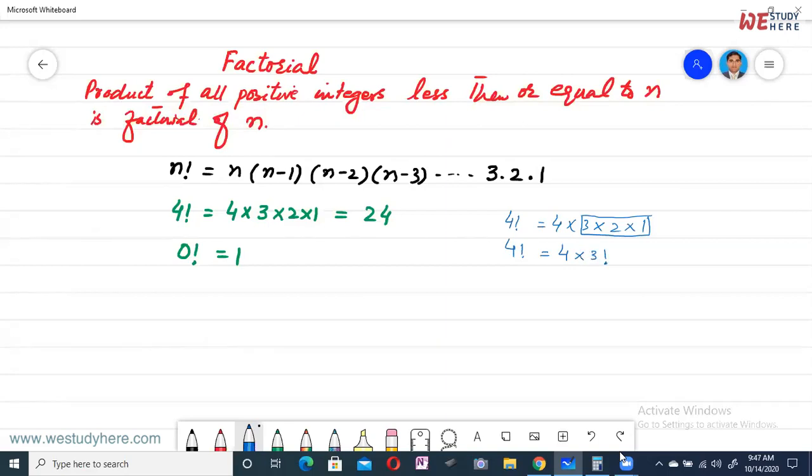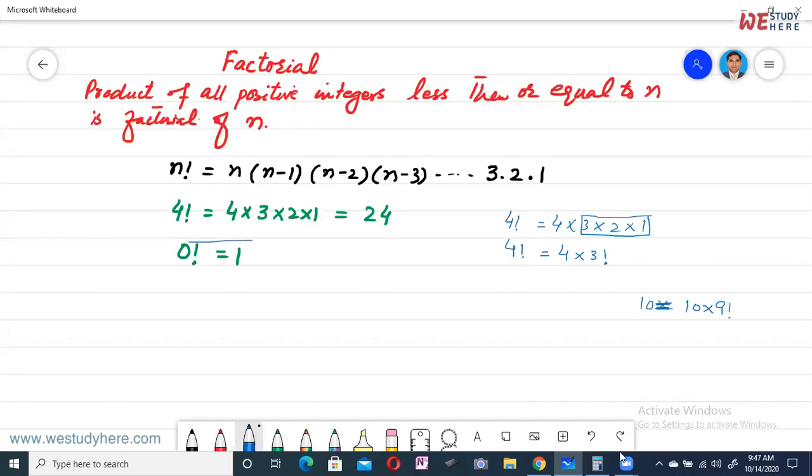If we stop at 3, we place 3 factorial. Suppose 10 factorial is there, we can write 10 factorial is equal to 10 into 9 factorial.